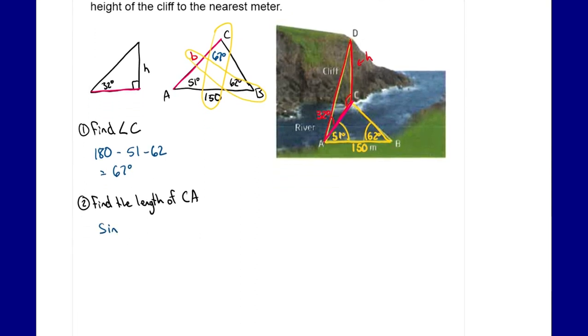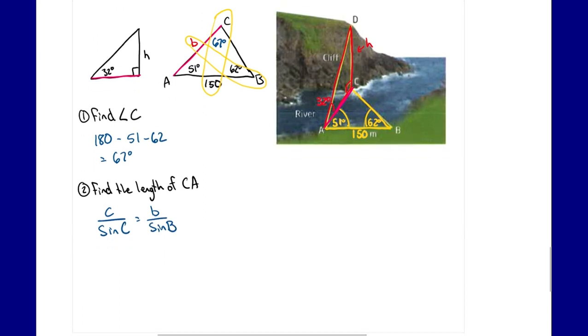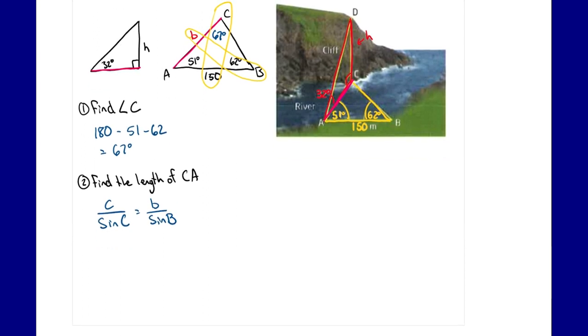So sine, or we'll do little c over sine C is equal to little b over sine big B. Side C is 150 over sine angle C of 67 equals little b, which we don't know, over sine 62. I'm going to cross multiply.